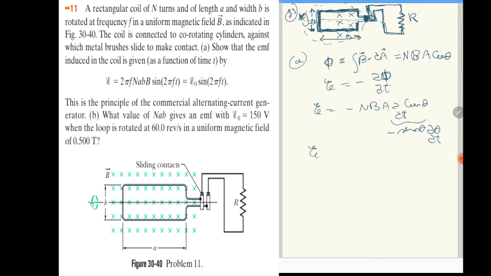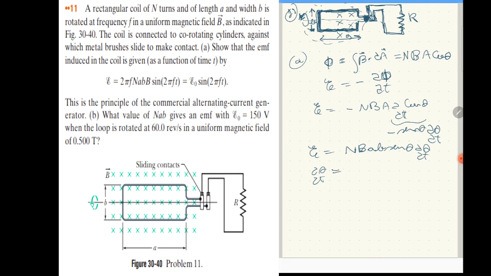So you get this expression for the electromotive force: the factor N, B, the area, which is obviously A times B, the sine of theta, and this derivative.